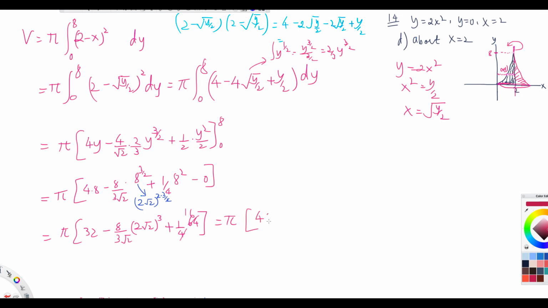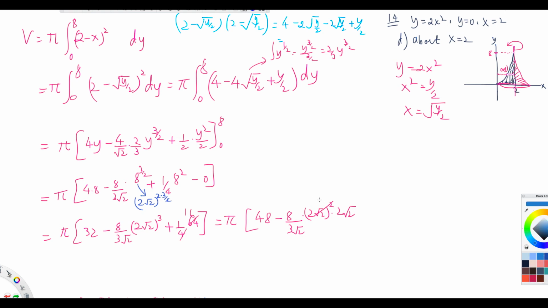So you get 48 minus 8 over 3 root 2 times 2 root 2 to the cubed. 2 root 2 to the cube is 2 root 2 squared times 2 root 2, but this is 8. That thing is 8, right? So what is the final thing then?